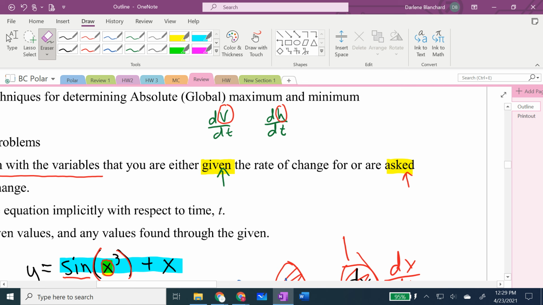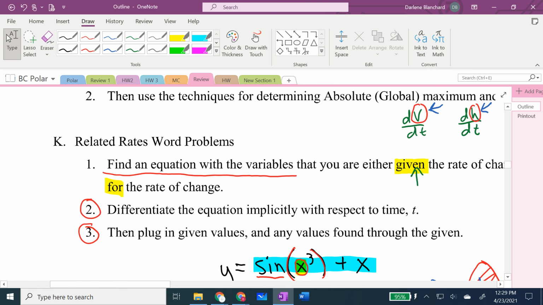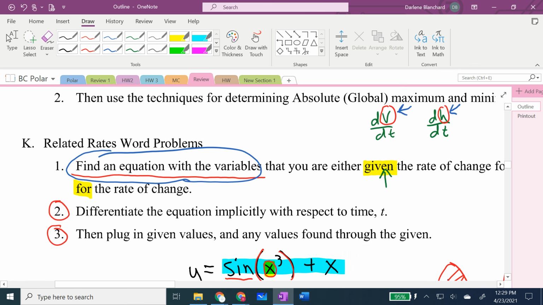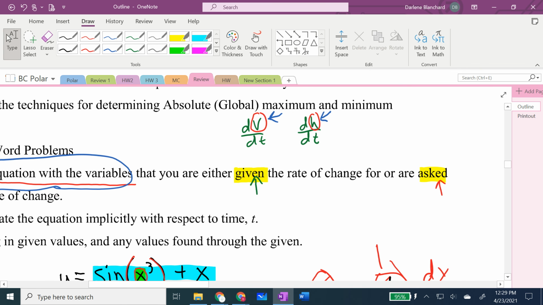You need to make an equation that involves only those variables, v and h. That's what I mean by find an equation with only those variables that you are given a rate of change for or asked to find the rate of change. Once you have an equation, you're just going into implicit differentiation.